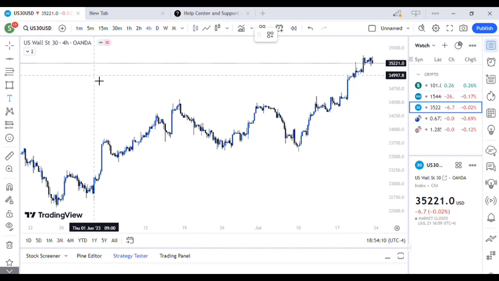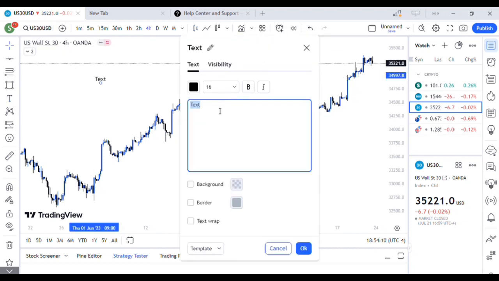So our first line is going to be support and resistance zone.